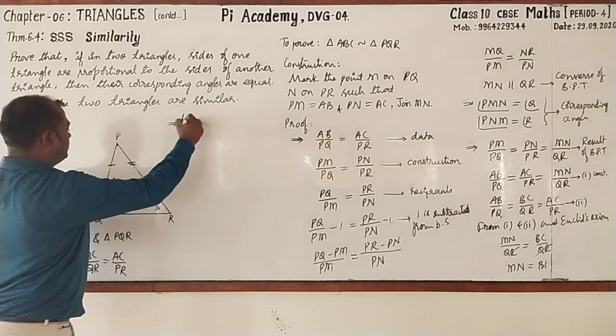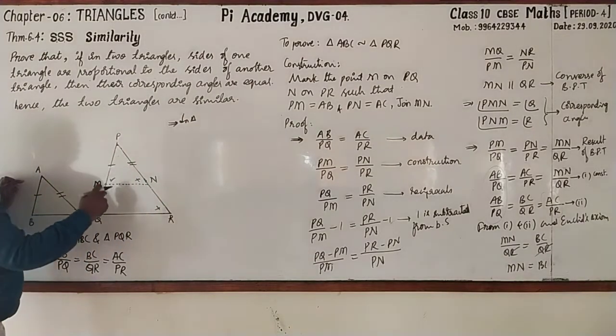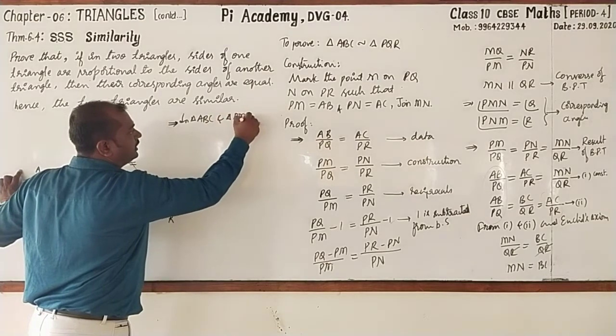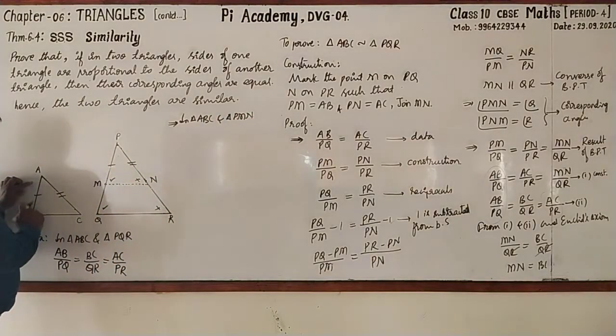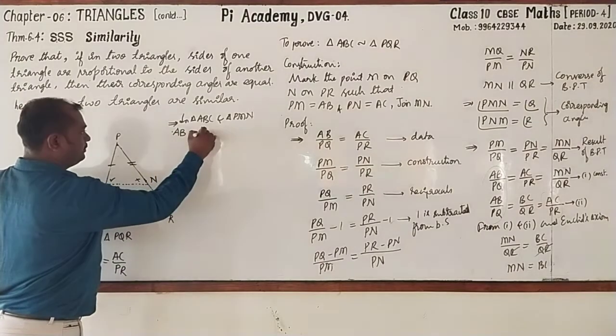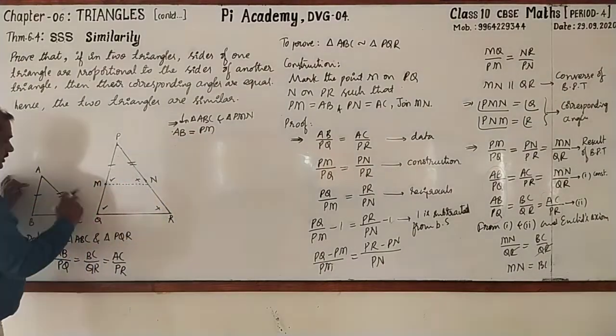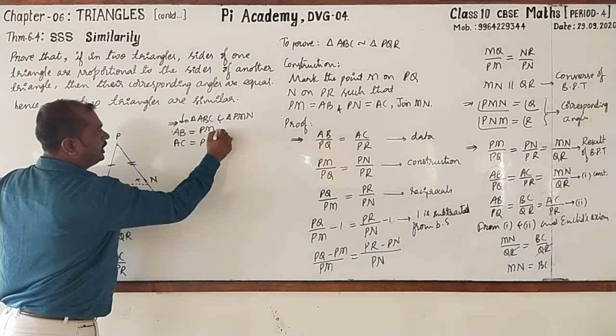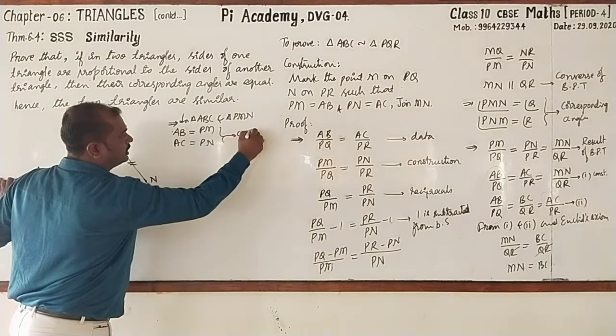In triangle ABC and triangle PMN, in these two, AB equal to PM, then AC equal to PN, and these two are from construction.